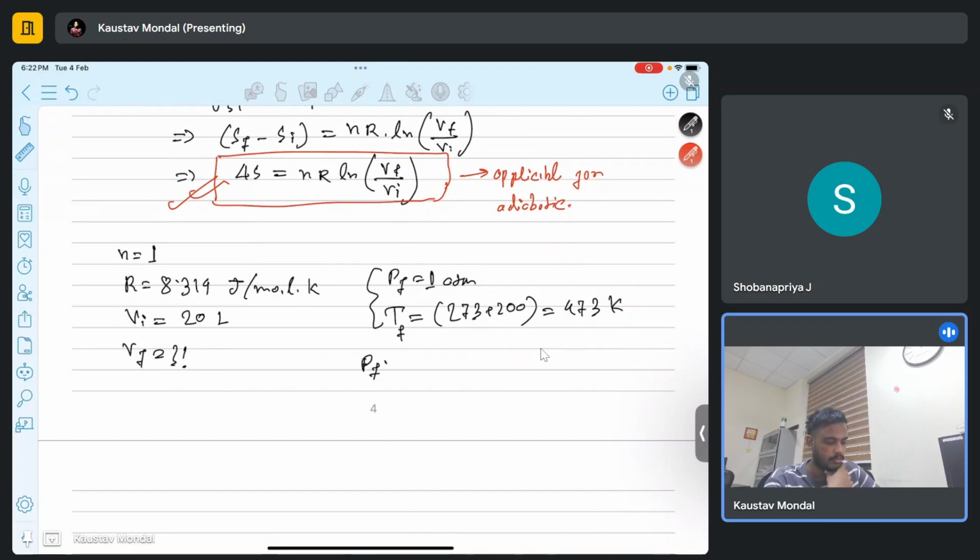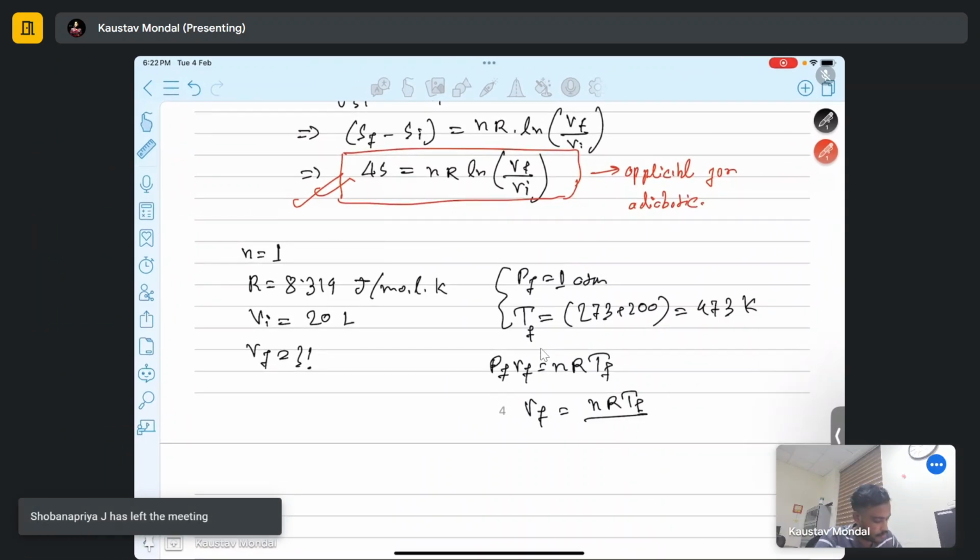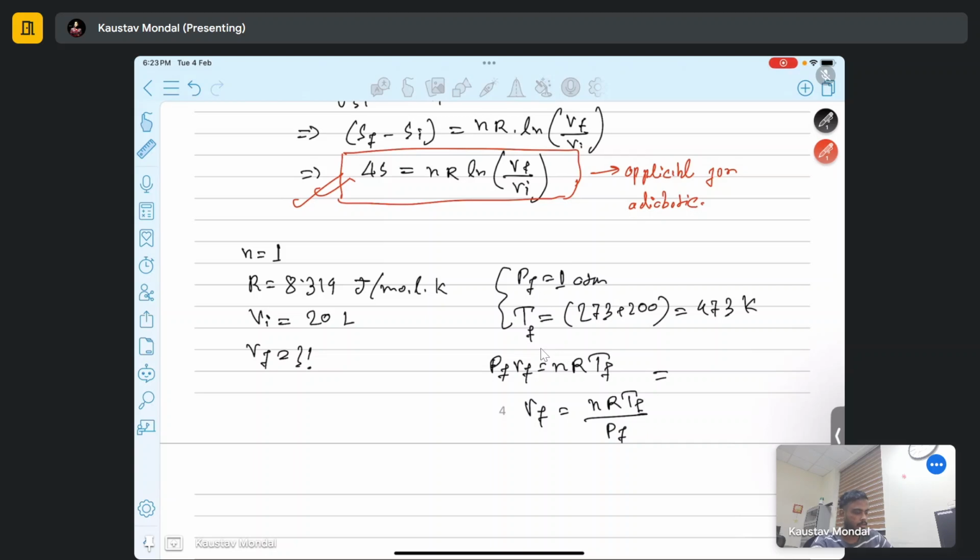So that will be Pf Vf equals nR Tf. So Vf will be nR Tf divided by Pf. That will be basically 1 into 8.314 by Pf, and Pf is basically here 1 atm, right?